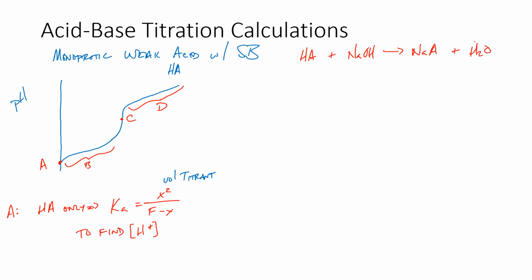Because all of these ratios are 1-to-1, because it's a monoprotic weak acid and I'm using a strong base, it turns out that the amount of strong base that I add is equal to the amount of weak base that is formed. So here's our strong base, here's our weak base. It's a 1-to-1 ratio. For every mole of strong base that I add, I'm forming 1 mole of weak conjugate base.